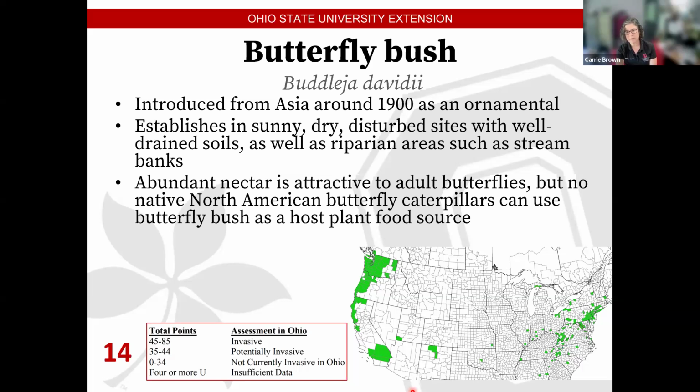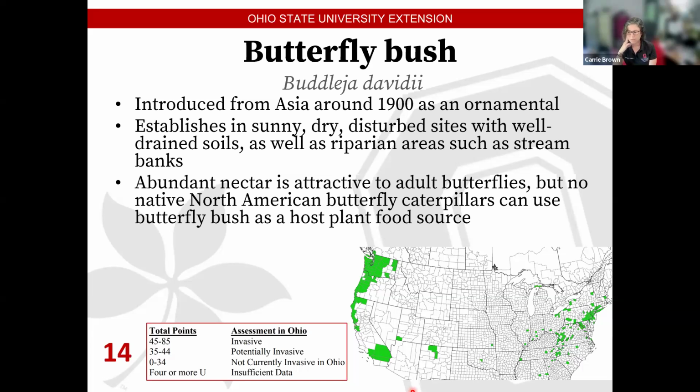Now, it is an abundant nectar source for adult butterflies, so I will give the plant that. But the problem with butterfly bush, and really all of the species that we've mentioned, is they are not a host plant for our caterpillars, our Lepidoptera species.